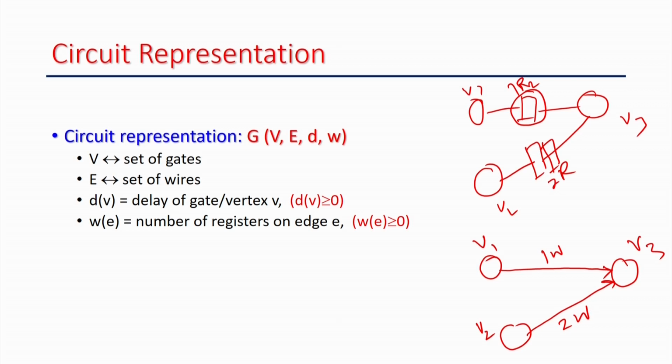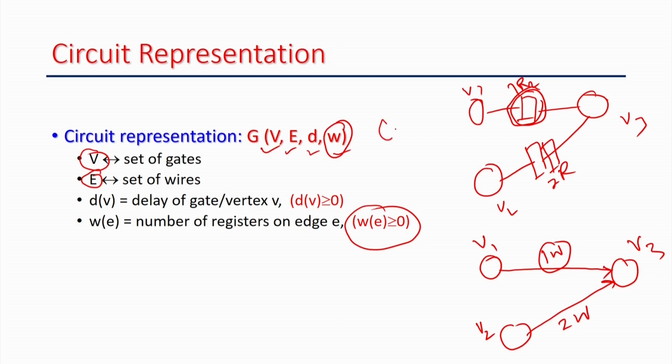I will repeat again. We will have a node for each gate. I have a set of vertices, a set of edges, and the weight, and D and W I will come to. For each gate of the circuit I have a node in the graph, and an edge is basically the connection between the gates, and the registers become the edge weight, that is W. For every edge there is an edge weight, and if there is no register in between, the weight will become 0.